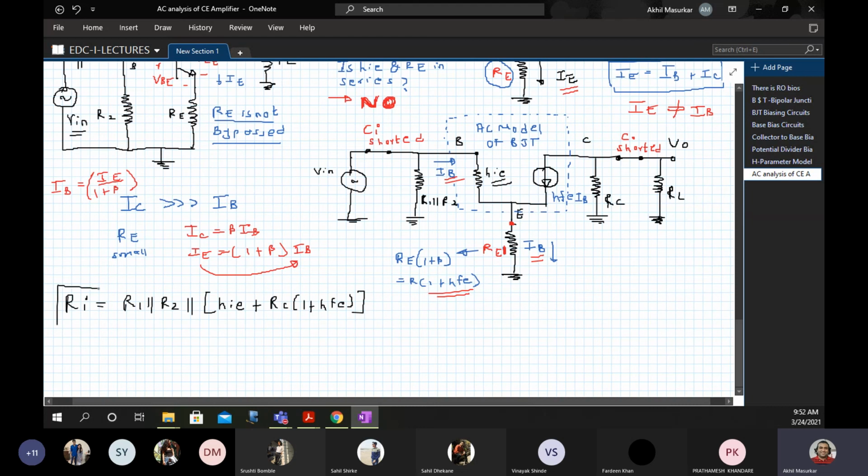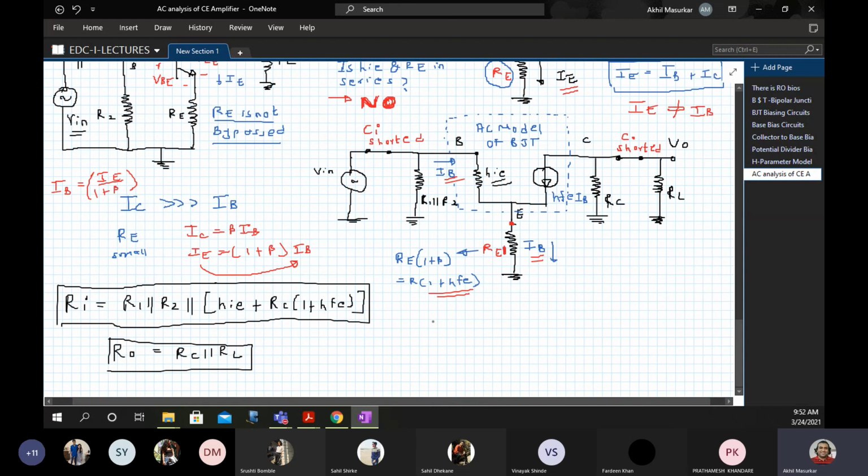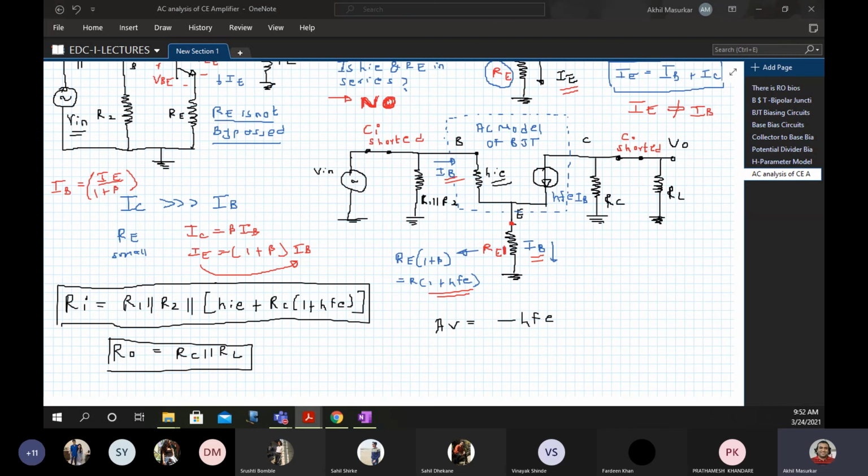So this is the value of RI. R0 value will remain the same because you are not connecting anything on the output side. So R0 will be RC parallel to RL. Voltage gain will also be affected. So let's see that.